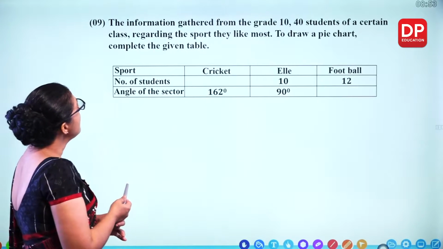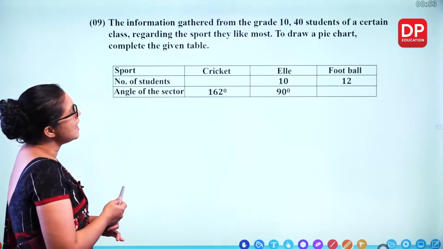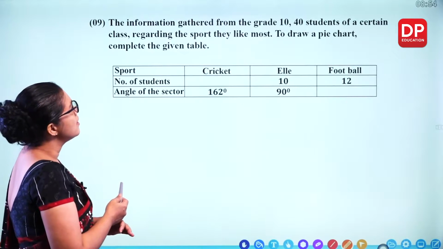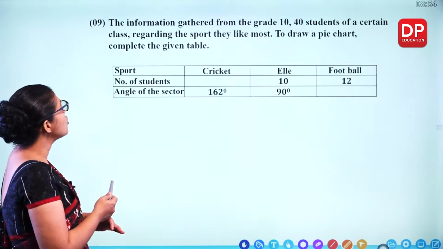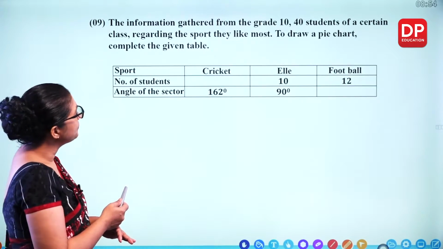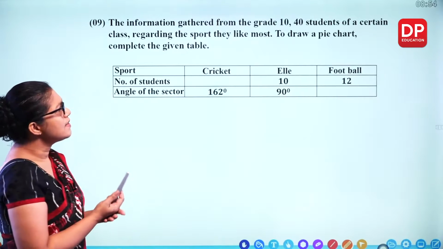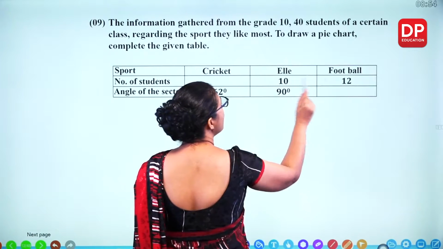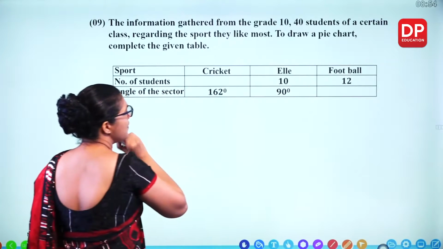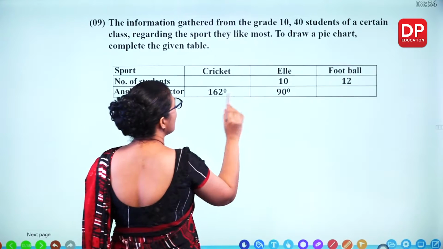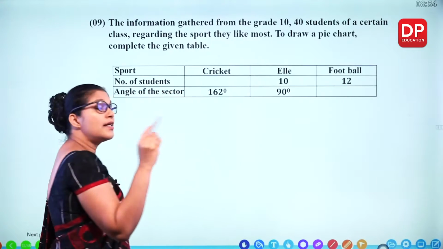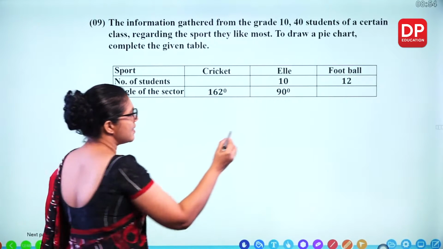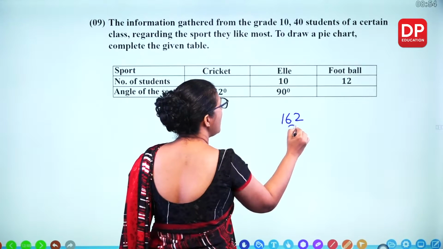Question number 9. The information gathered from the grade 10, 40 students of a certain class regarding the sport they like most. To draw a pie chart, complete the given table. It says 40 students. So straight away you can find out 12, 10. What's the other number? And we know in a pie chart, the sum of angles around a point is 360. So 162 and 90.